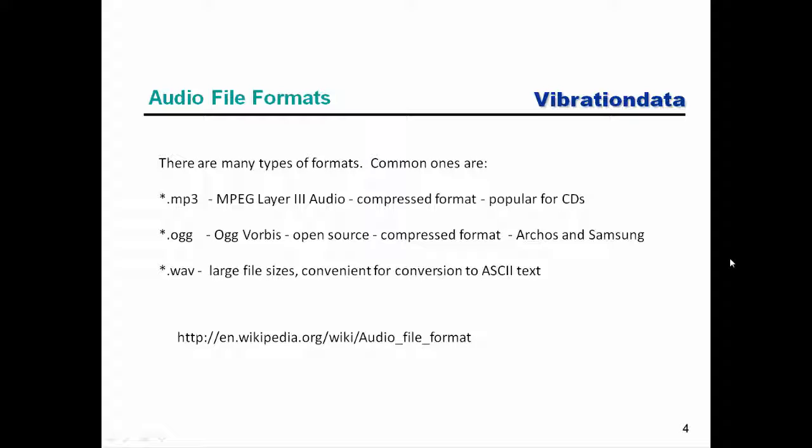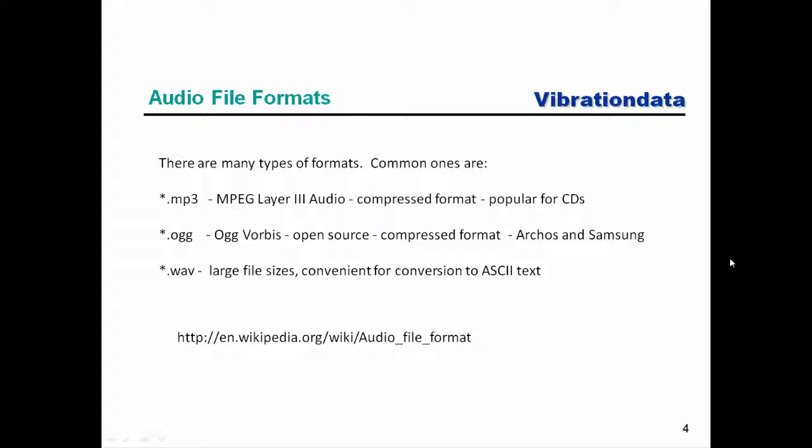Now, there's all sorts of different audio file formats, probably a dozen or two or 3 dozen maybe. But let's just go over some of the more typical ones, the more common ones. So at the top there, we have the MP3 file. That's a MPEG Layer 3 audio compressed format, and it's very popular for CDs, for example.